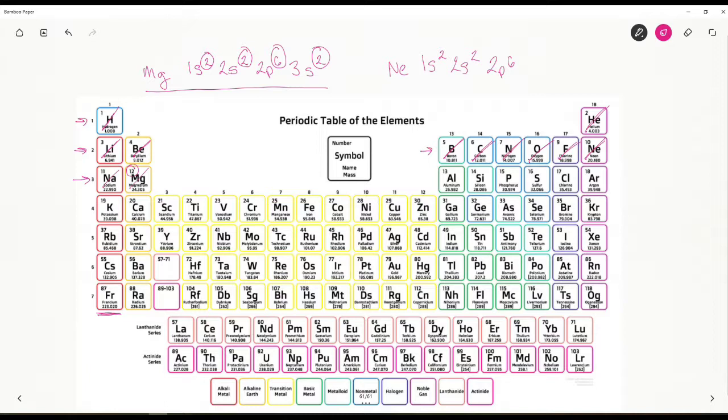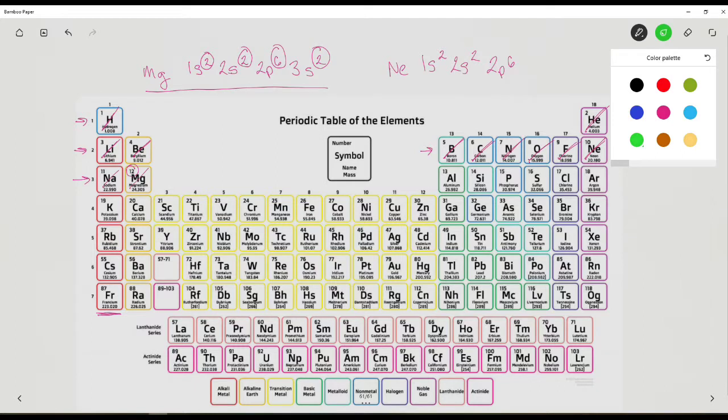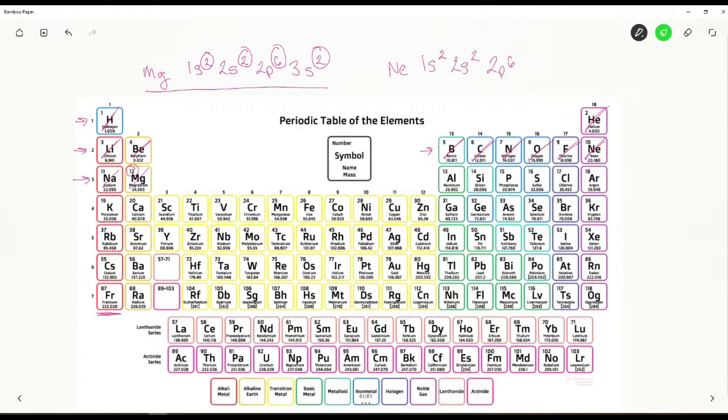Now notice that neon's electron configuration is actually embedded in magnesium. Let me switch colors to make this a little more clear. So you can see that that electron configuration is exactly the same as neon's.